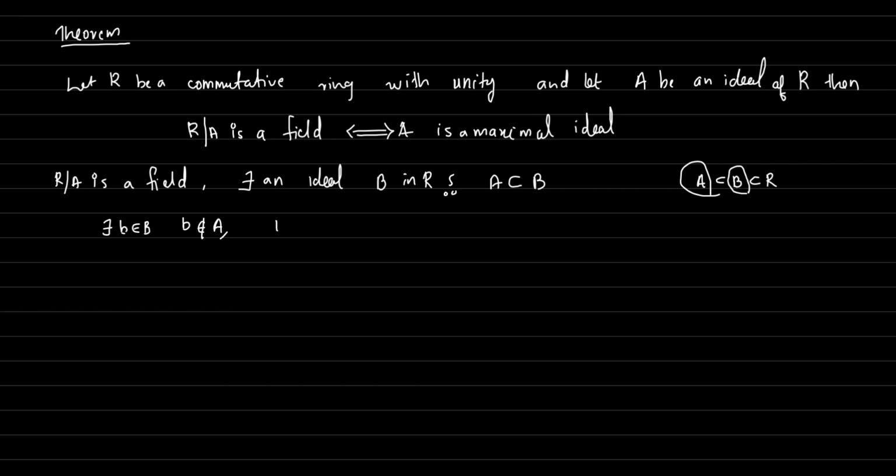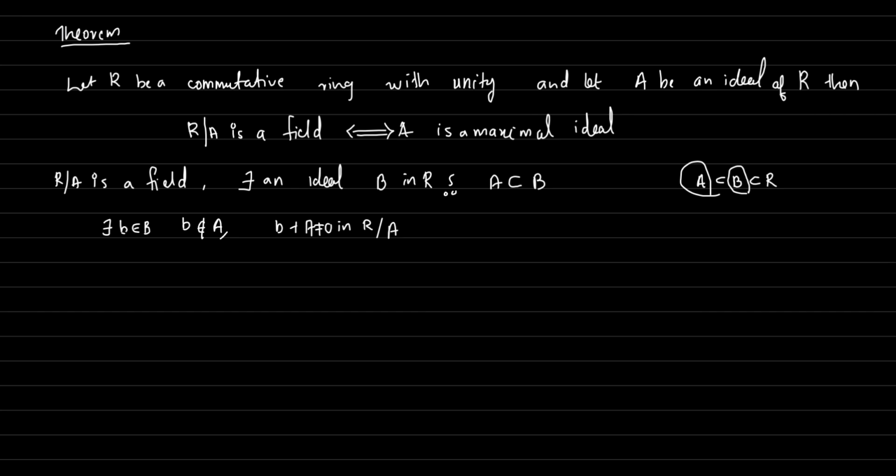Consider the element b plus A in R over A. Here b does not belong to A, therefore b plus A is a non-zero element in R over A, and R over A is a field, therefore b plus A will be a unit in R over A. In a ring, an element is said to be a unit if it has a multiplicative inverse.